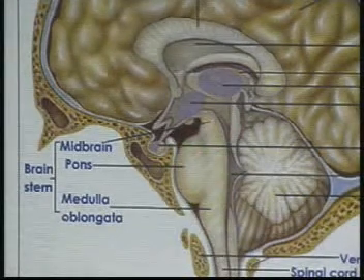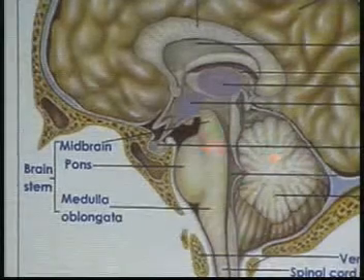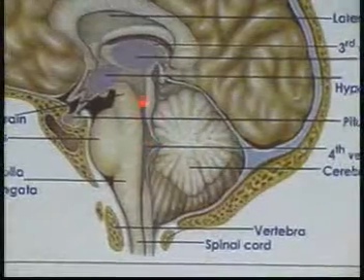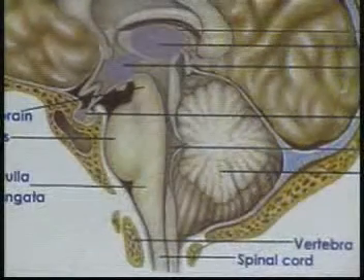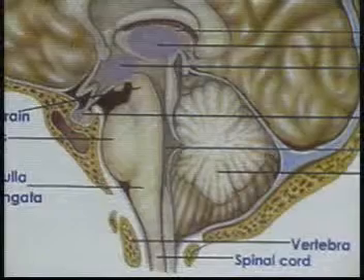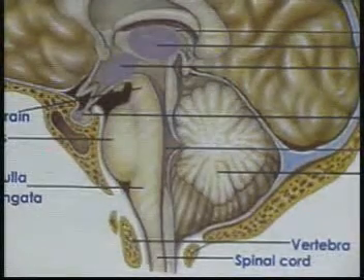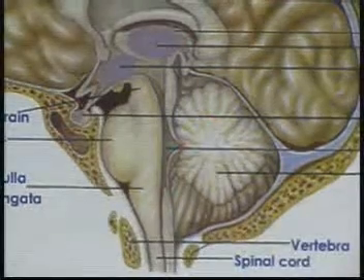Now moving on to the hindbrain. You can see a cabbage-like structure here. It is the cerebellum. It is also made up of left and right cerebellar hemispheres. What is the function of the cerebellum?